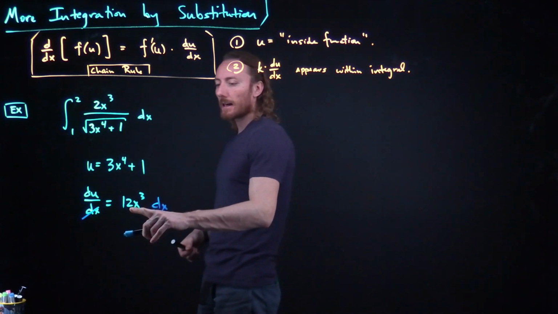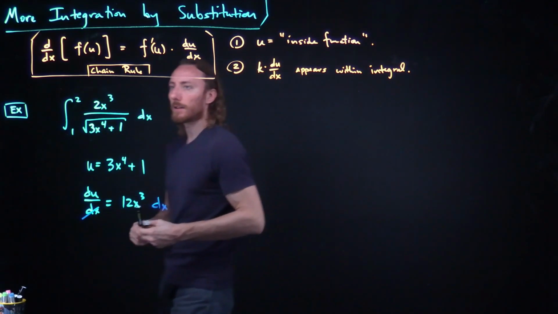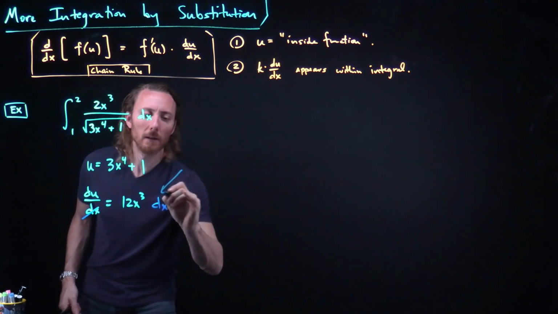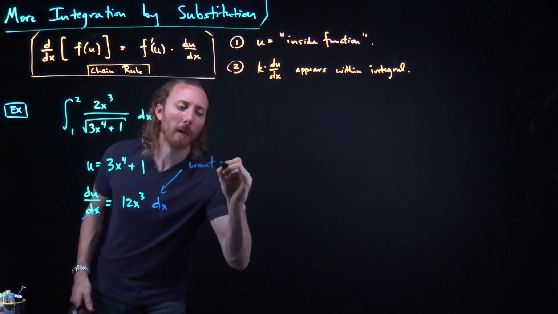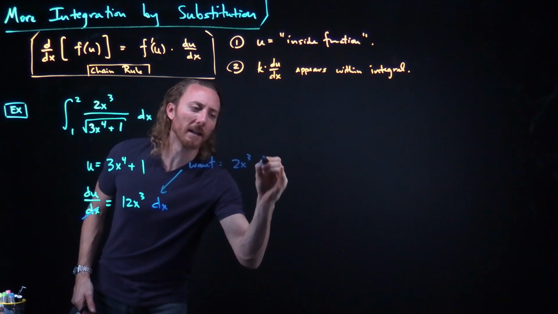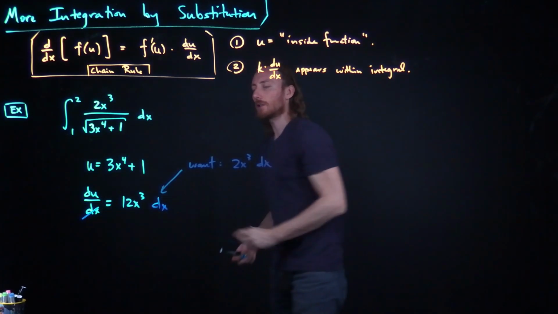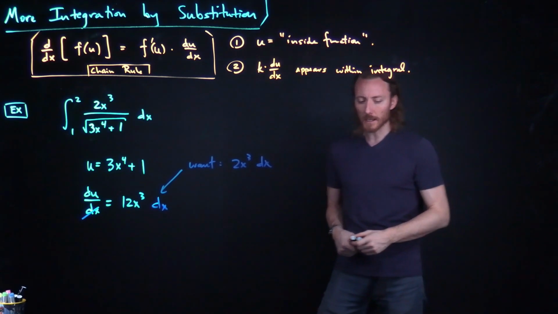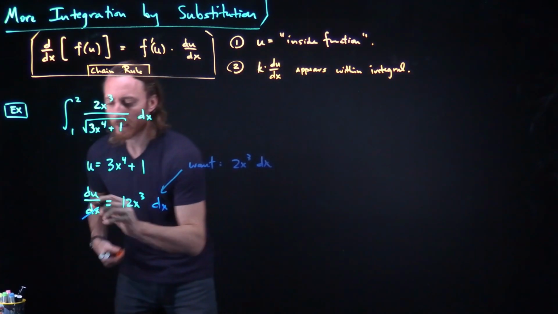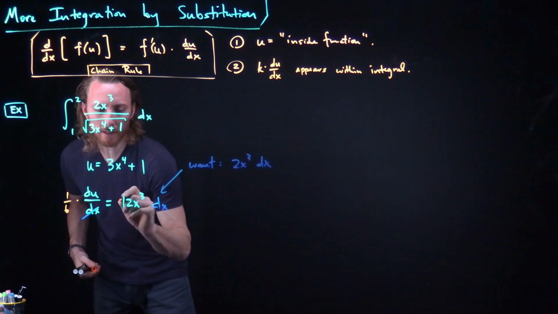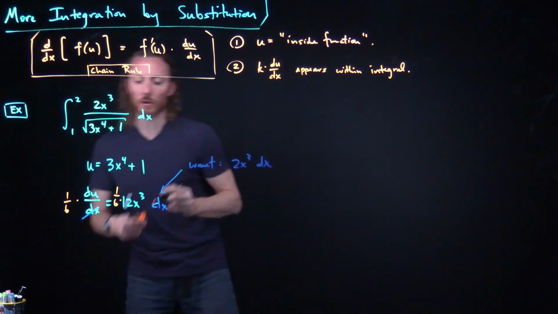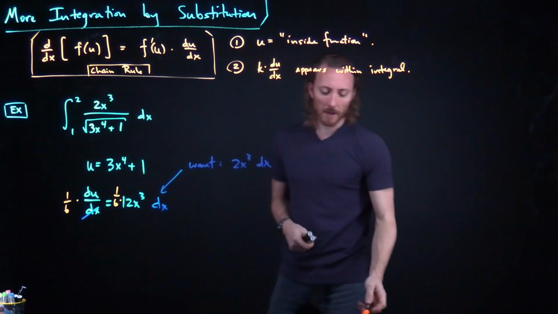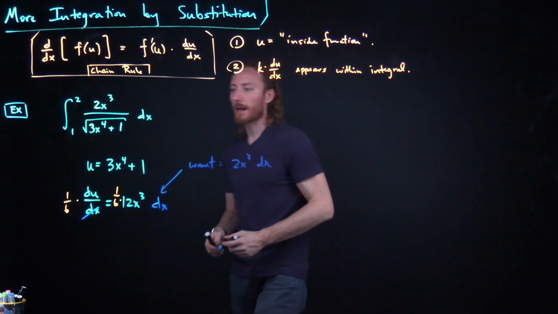Well, since we want 2x cubed dx, how can we get 2x cubed dx? For me, as I see it, we can just multiply by 1/6. So what we'll do is take the left-hand side and multiply by 1/6, take the right-hand side and multiply by 1/6. As long as we're doing the same thing to both sides, we'll get an equal statement back in return.